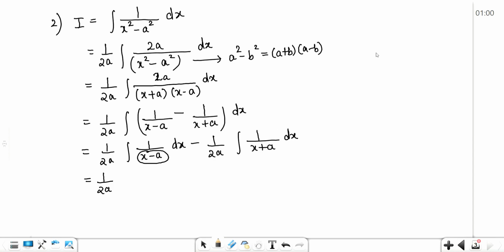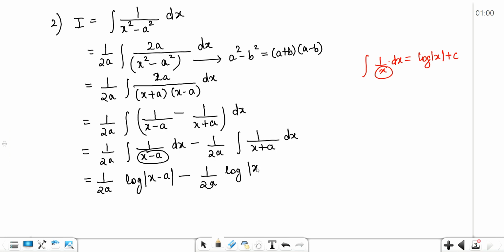We already know the formula of 1 upon x. Now the integral of 1 upon x is nothing but log of mod x plus c. So here also we can apply the same formula because it is a linear term. That will give you 1 upon 2a log of mod x minus a, minus 1 upon 2a log of mod x plus a, plus c.